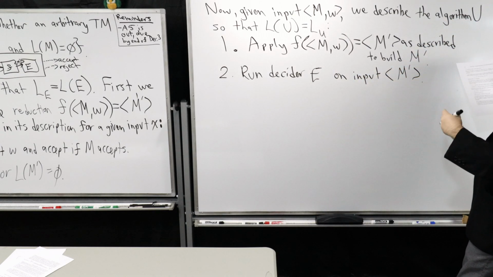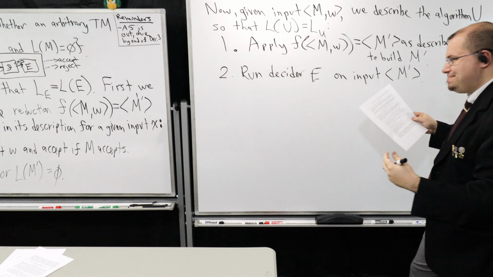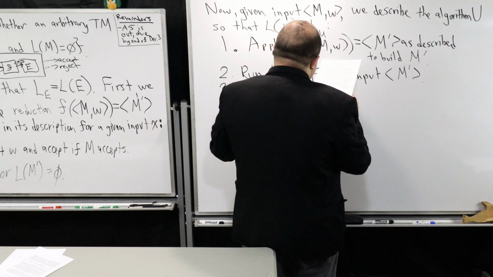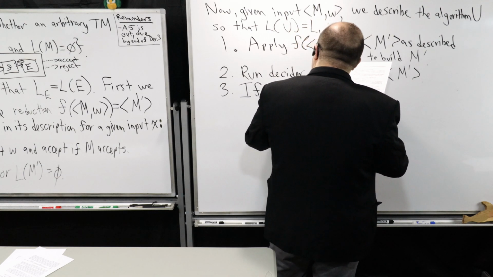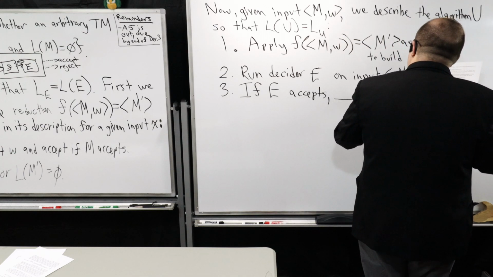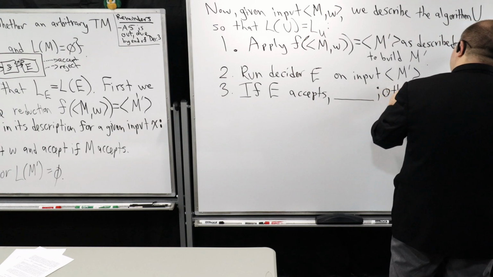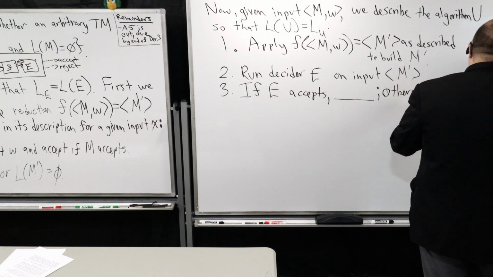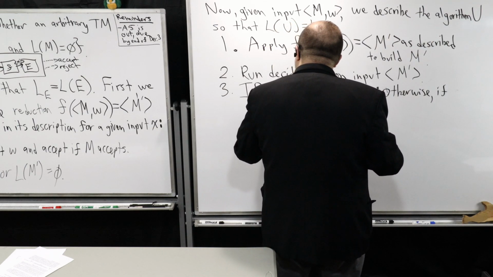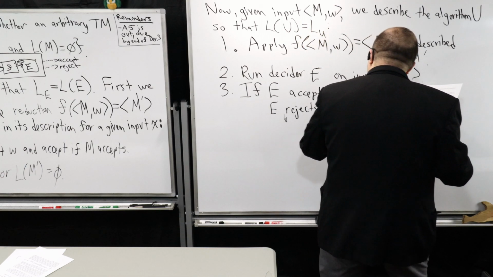So you're going to run that decider. Remember, I've presumed that this decider exists. And now I have two possibilities of what I would like to do here. So if E accepts, we're going to do something. Otherwise, if E rejects, you're going to do something else.